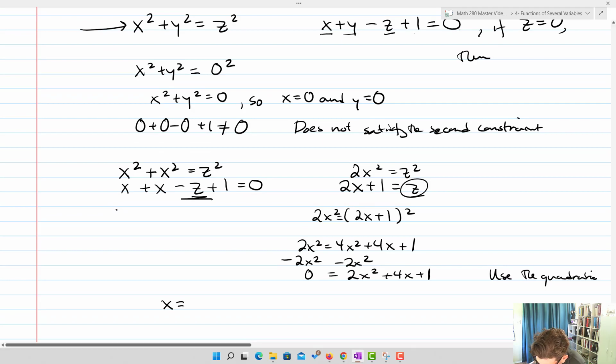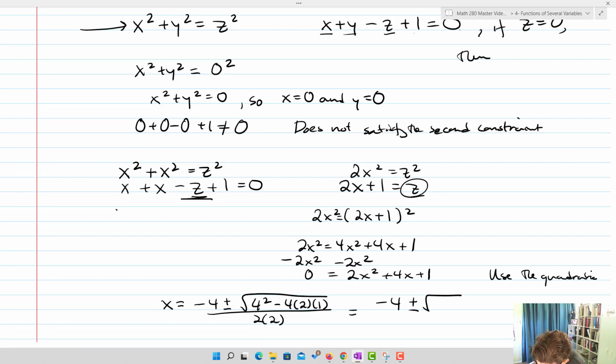So x is going to equal negative 4 plus or minus the square root of 4 squared minus 4 times 2 times 1, all divided by 2 times 2. This thus is going to be negative 4 plus or minus the square root of 16 minus 8. So that's going to be square root of 8 divided by 4.